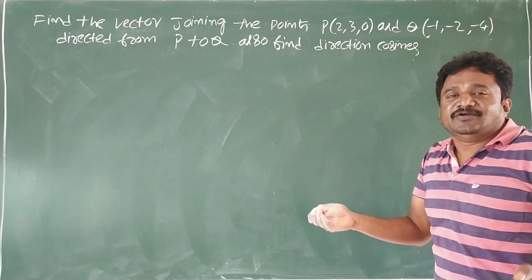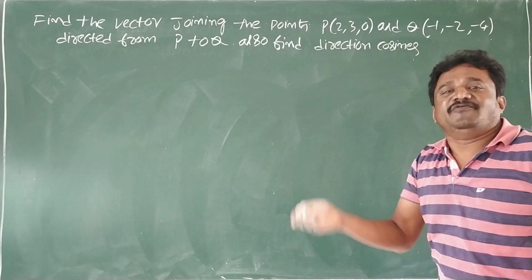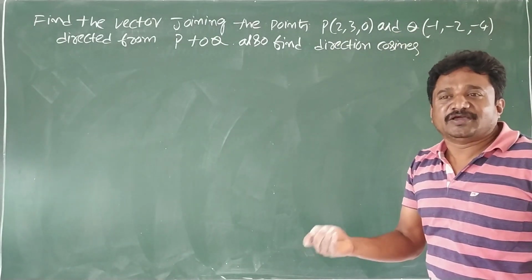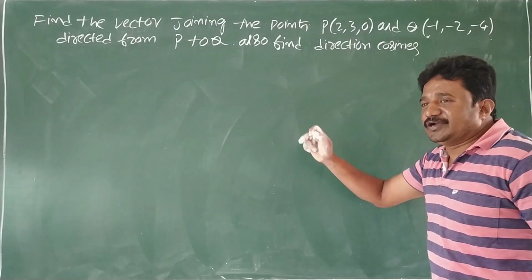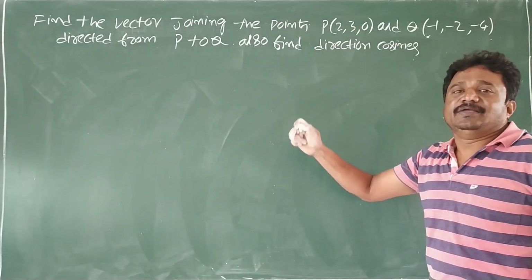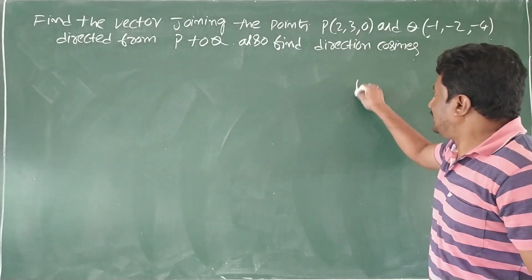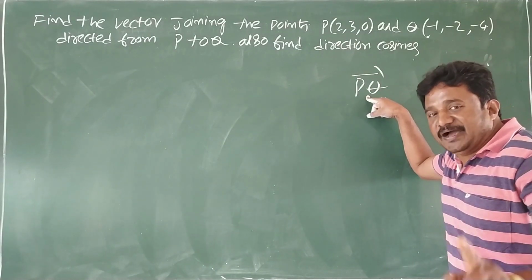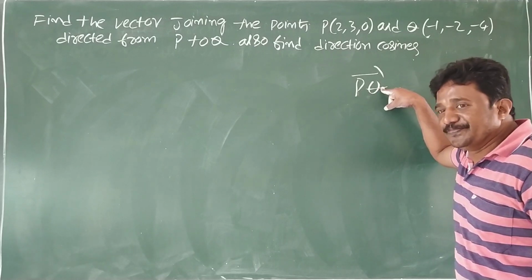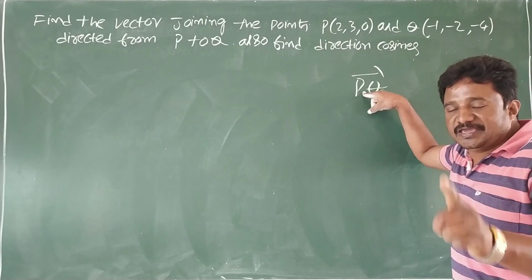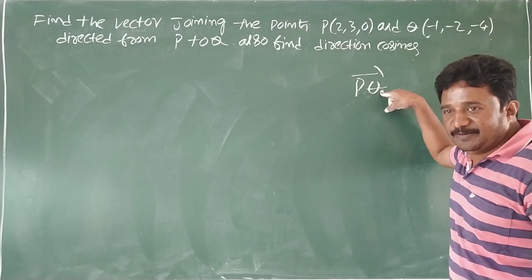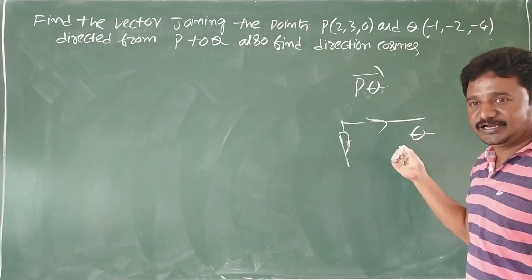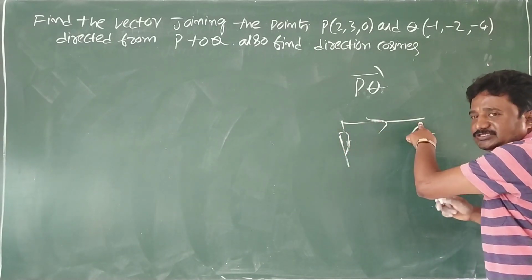The vector joining P and Q is vector PQ. Vector PQ means it is the vector obtained by joining P and Q. P is the starting point, the initial point, and Q is the terminal point.